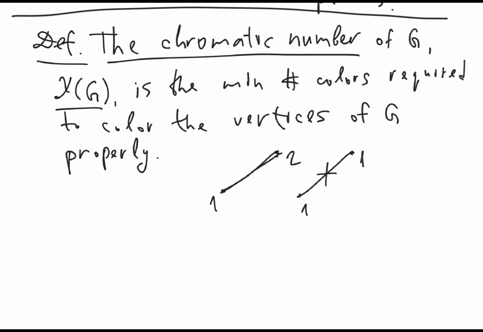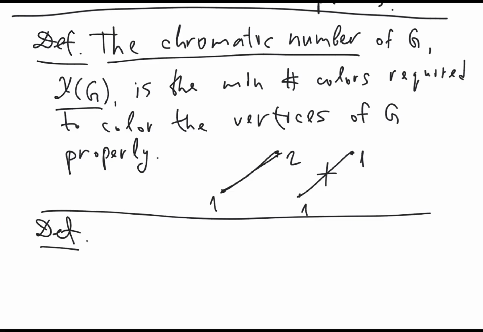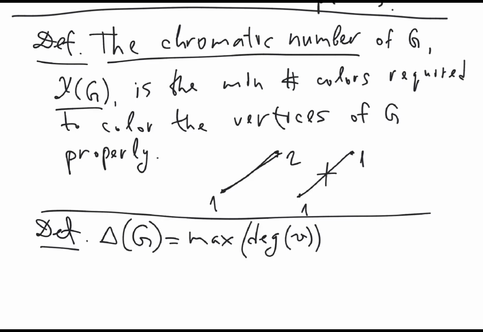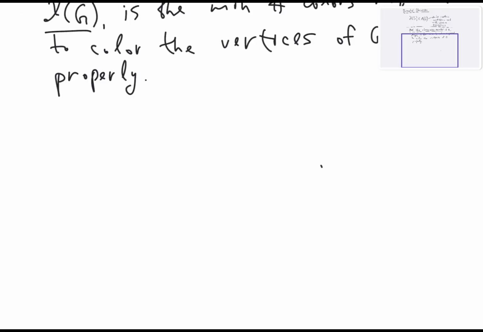Now the maximum degree. The maximum degree of G is simply the maximum of all degrees of all vertices in the graph, when v varies over all vertices in the graph. So this is quite an obvious definition.